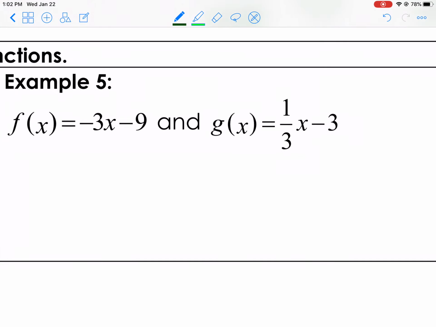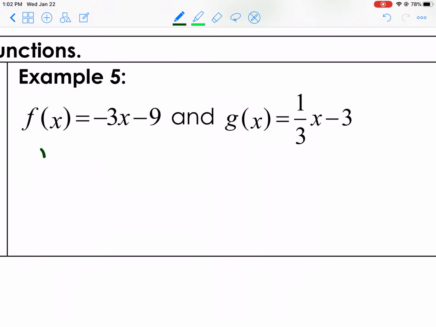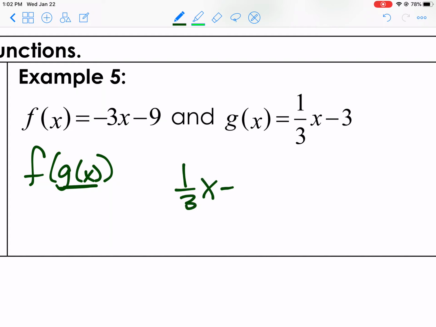Let's look at example 5. Okay, so if we do f of g of x, we'll start by writing g of x. That's 1/3 x minus 3. We want to find f of that. So I'm going to plug this expression in right there for the x.